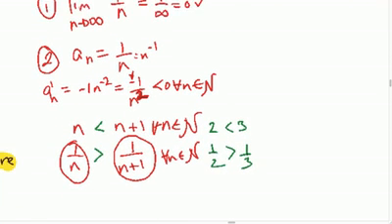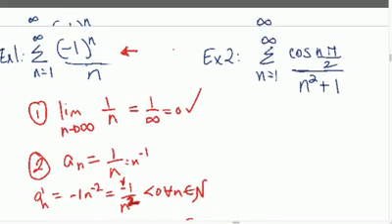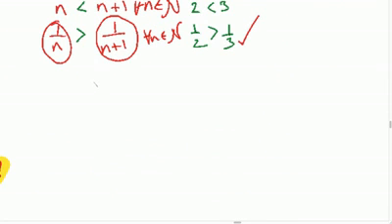Okay, so we've passed both checkpoints for AST, but we're not done. We now have to look at the series without the alternating portion and see if it still converges. Was it just a conditional convergence using alternating series, or does it always converge absolutely?